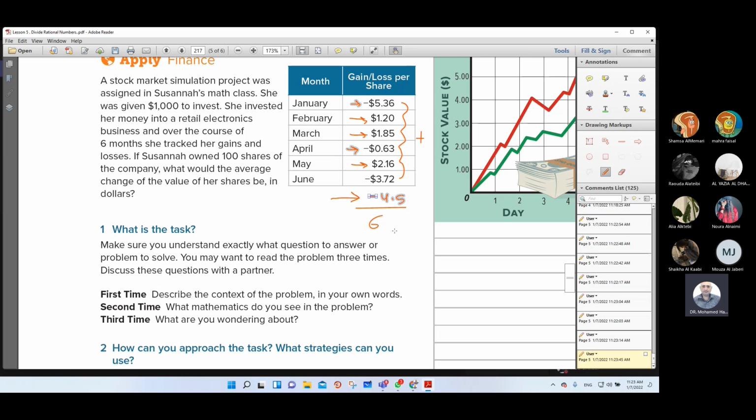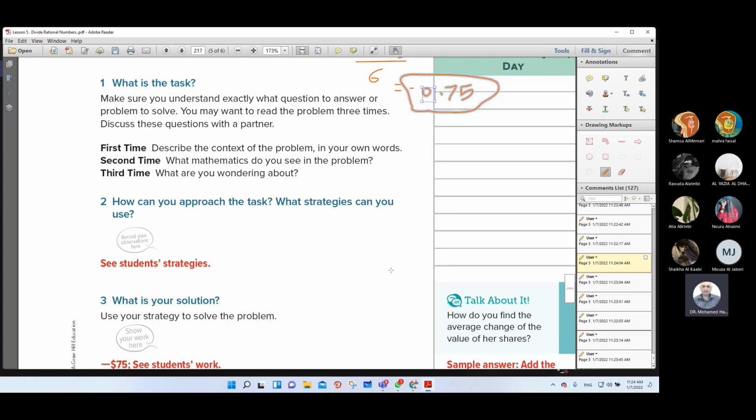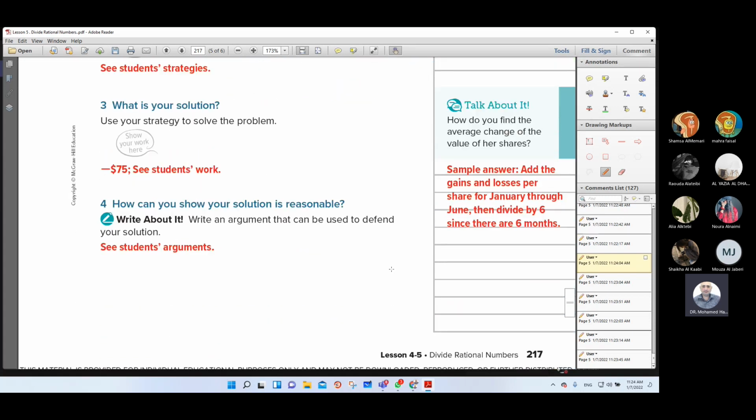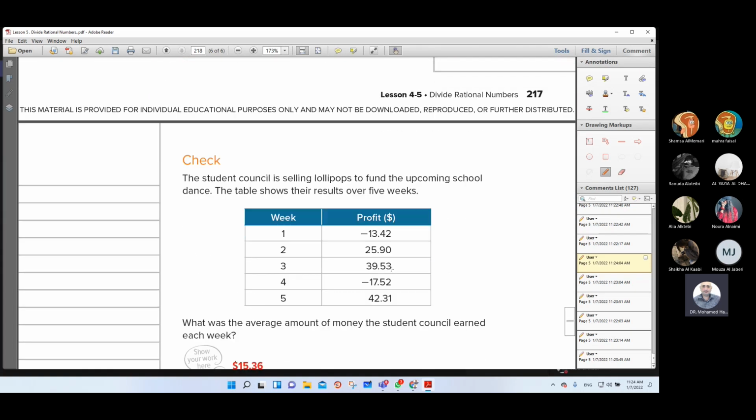Then you can divide negative 4.5 by 6. Negative divided by positive is negative, and 4.5 divided by 6, the answer will be negative 0.75. This is the average. This is the meaning of the average. And here we have the same idea.